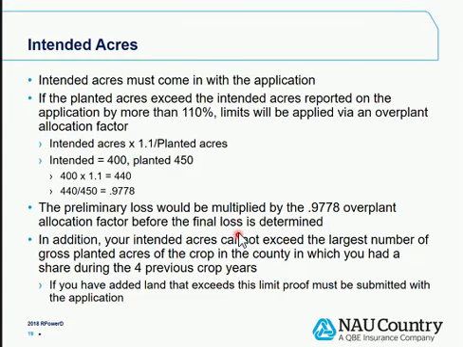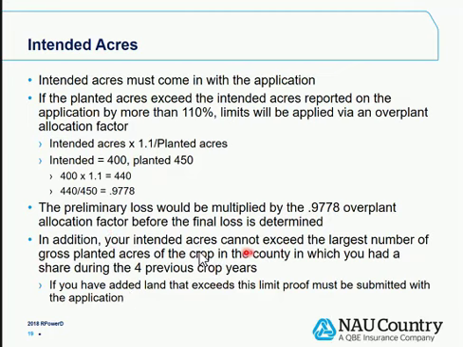I kind of look at this in two ways. I just explained it one way. You might think of it also as I have full coverage on 440 acres, I just don't have that extra 10 acres insured. But we're doing that using the 450 production and factoring it back to the 440.